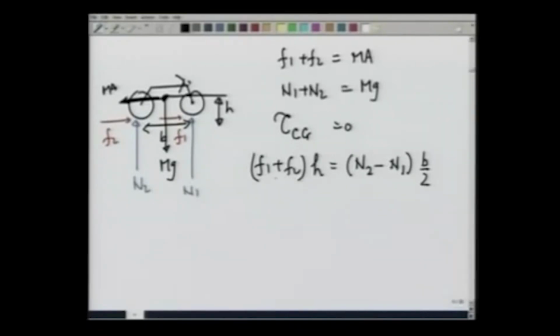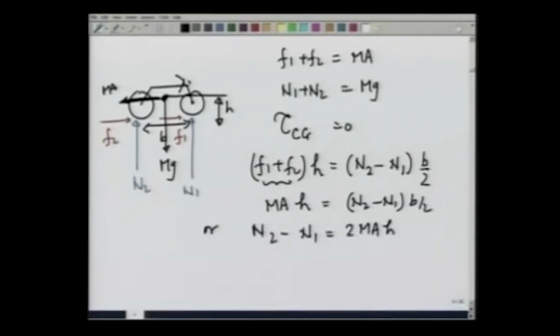And therefore, substituting F1 plus F2 equals ma, mah equals (N2 minus N1) b by 2, or N2 minus N1 equals mah times 2 divided by b, and I already know that N2 plus N1 equals mg. I have got these two equations to solve for N2 and N1.